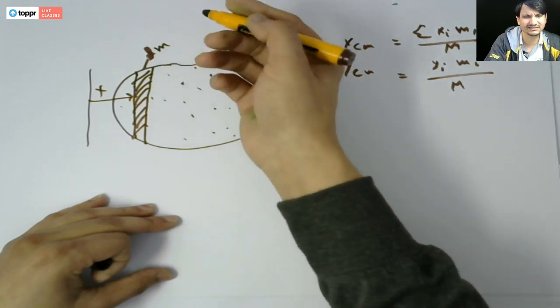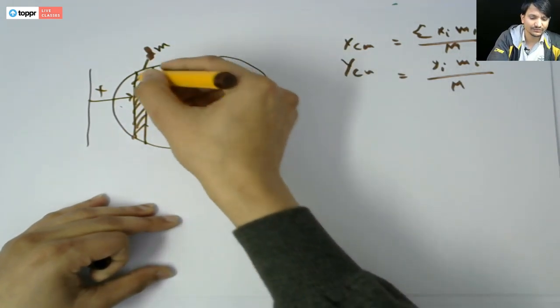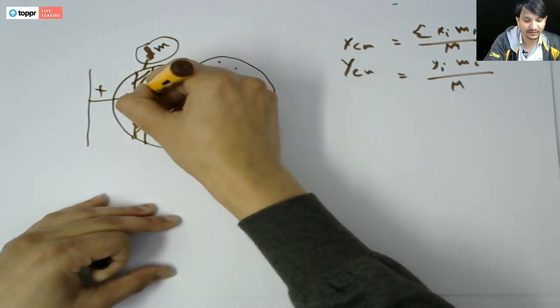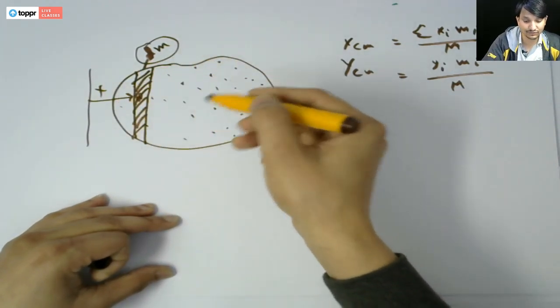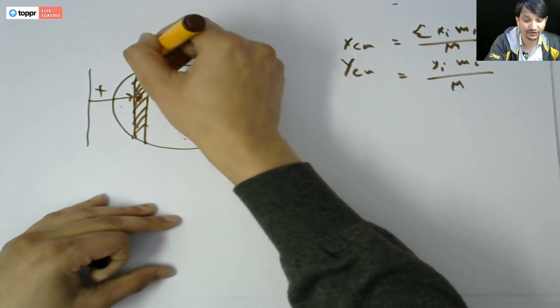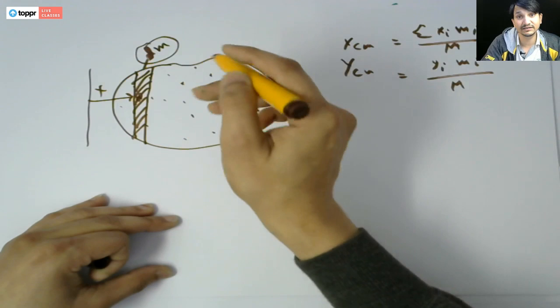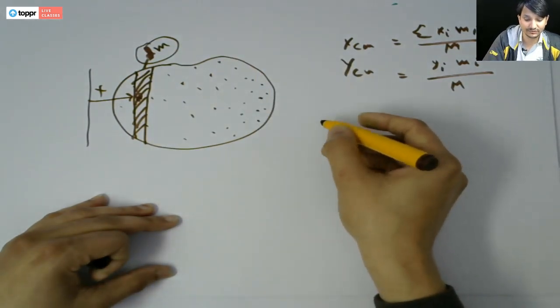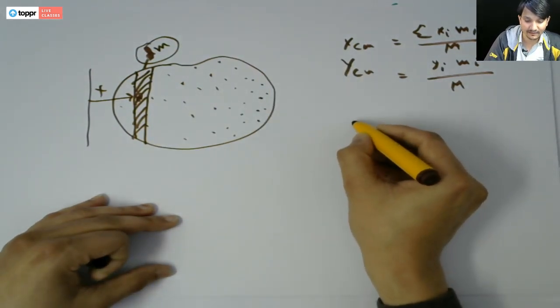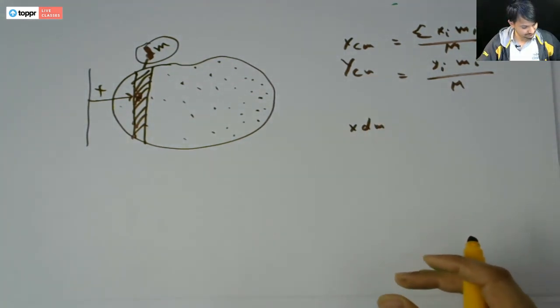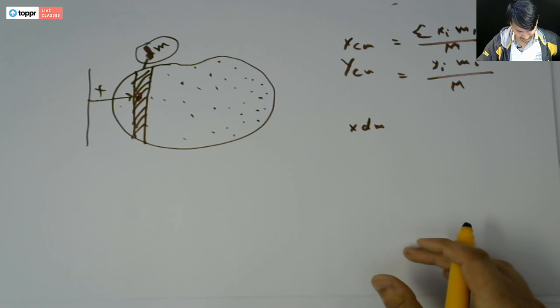So we can say that the total x coordinate of the center of mass of this whole continuous body will be integral of x dm.